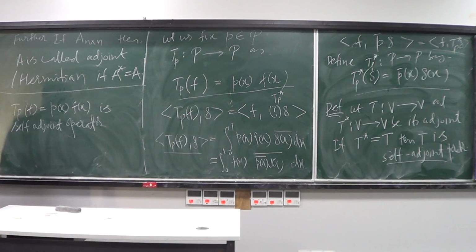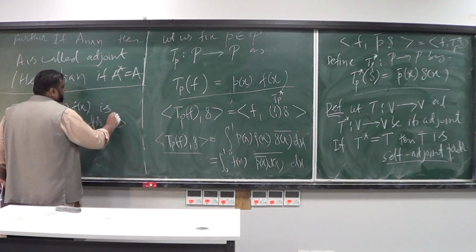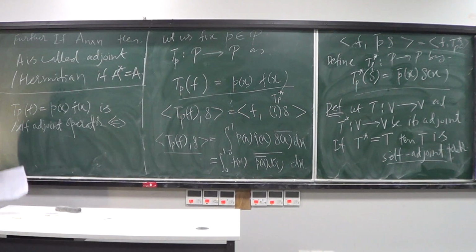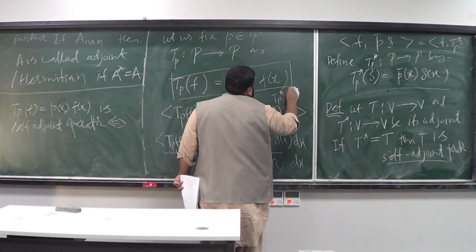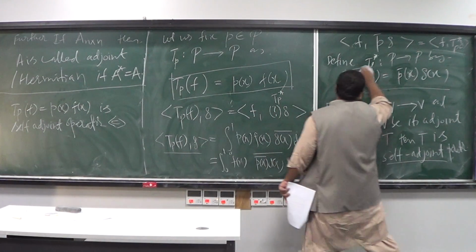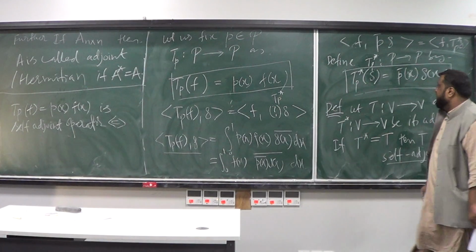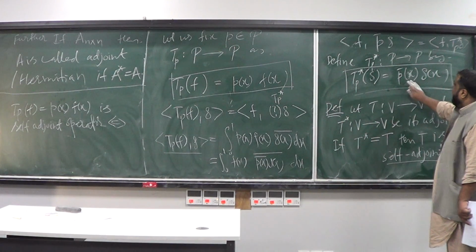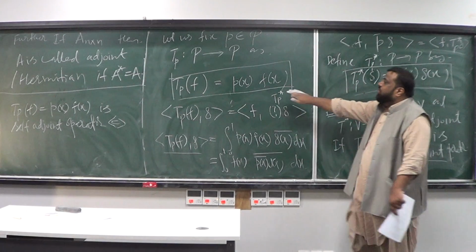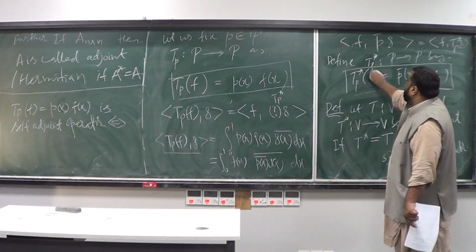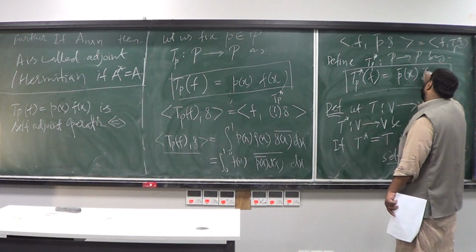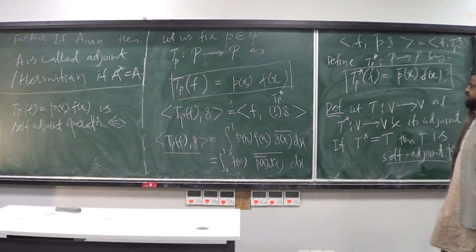Self-adjoint operator if and only if what happens? Now, when this would be equal to this, this would be equal if the p bar of x is equal to p of x. Say for example, you also applied this on f, then you're obviously going to have an f of x here.